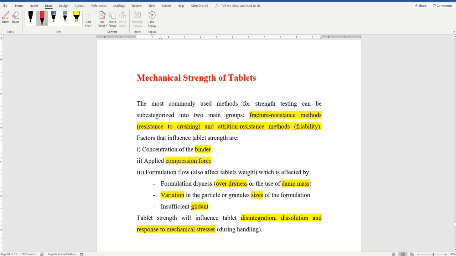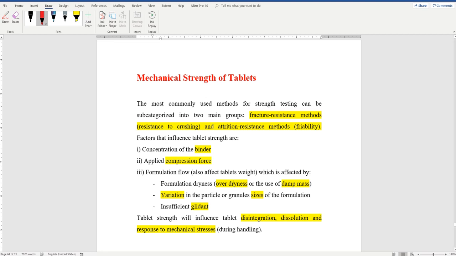You remember when I said that there is an end point to the drying and there should be some moisture in the granules, maybe 5%, 4%, or 3%, and that is to aid in the compression. Okay? Now, over dryness will not only decrease the compressibility of the granules, but it will cause the granules to charge. يعني يصير عليها charge, شحنات. Okay? And this will affect the flow when there is over dryness.